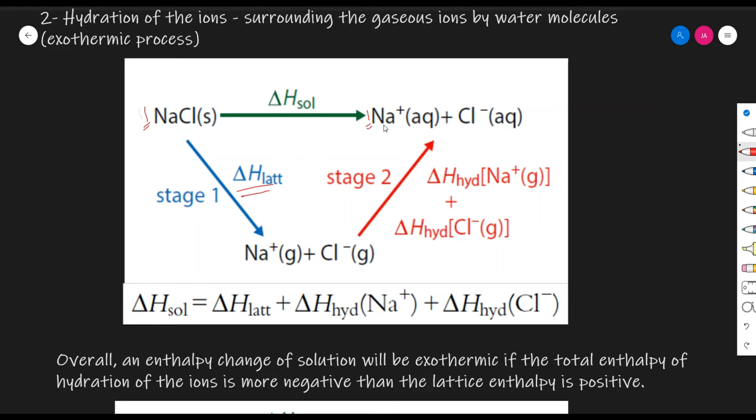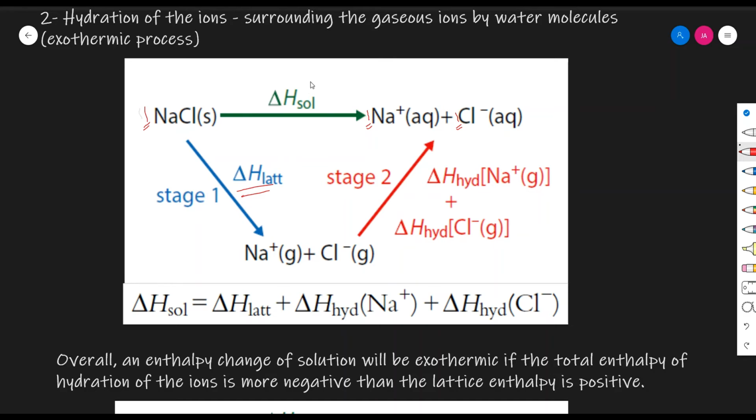Thus, I have 1 mole of gaseous ions of each of the sodium and chloride ions. If this were magnesium chloride, I would have 2 chloride ions, and thus I would multiply the enthalpy change of hydration of chloride by 2, since the definition is per mole of a substance. I will use the same example in a bit.